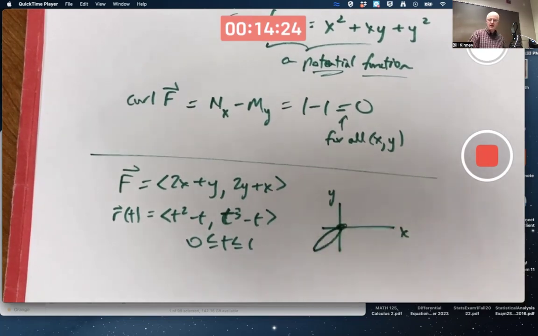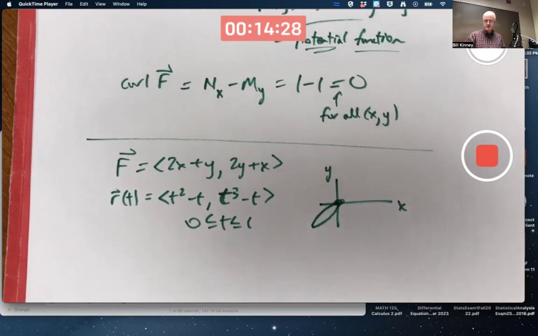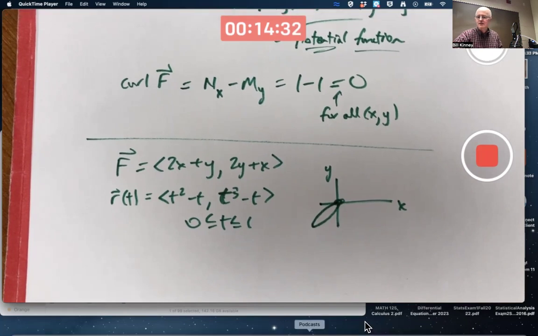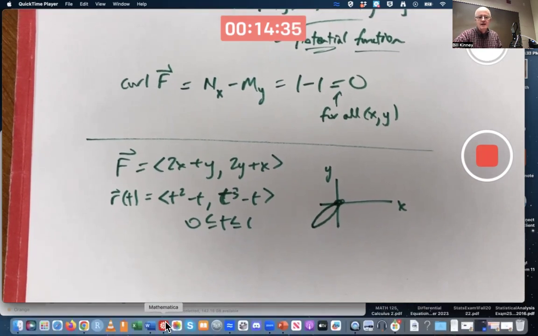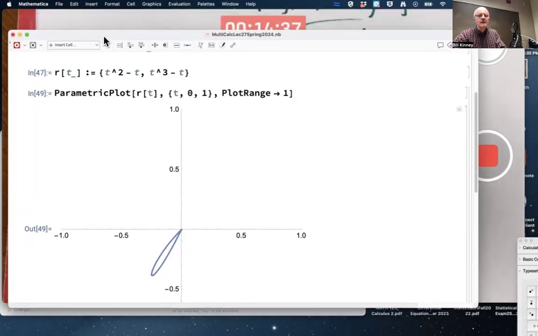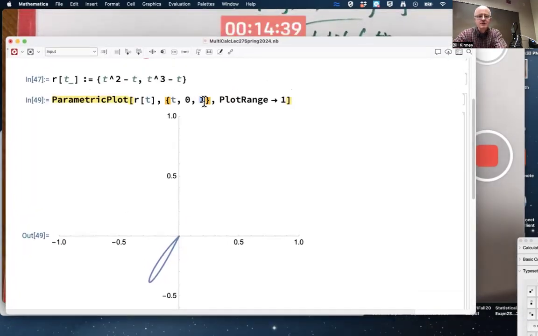Is it counterclockwise or clockwise here? That's hard to tell just looking at the formulas. Let's use the technology again. If we plotted this for t values just barely bigger than 0, you can see we're on the upper half. So this is counterclockwise.